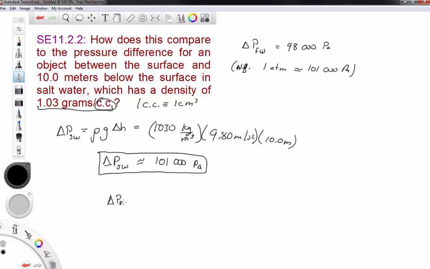And so change in pressure for the salt water versus change in pressure for the fresh water, for the same height, H is same, or delta H is same, should be equal to the density of salt water divided by the density of fresh water. So that's the quicker way to calculate it. And then again, note that this right here is even more nearly 1 atmosphere per 10 meters depth.